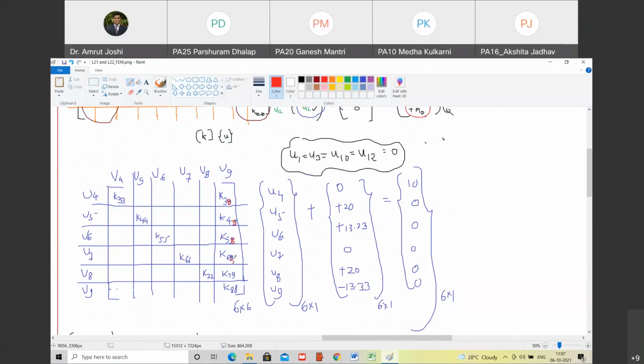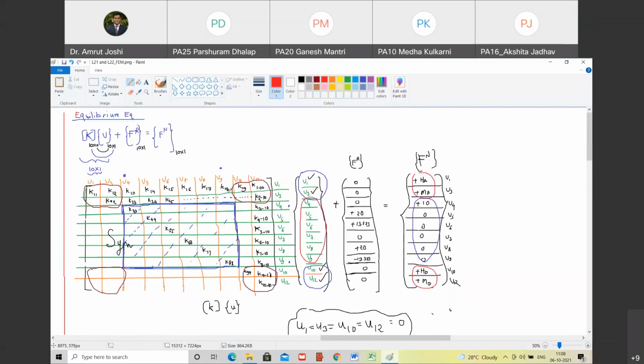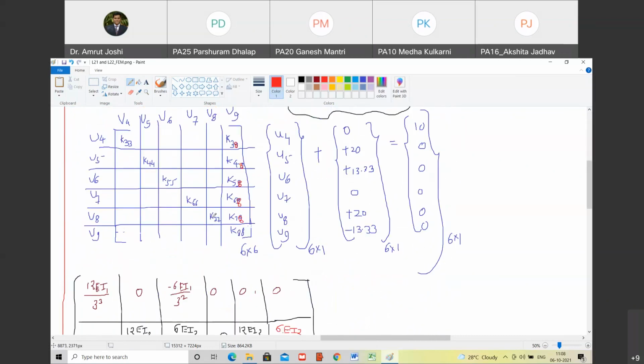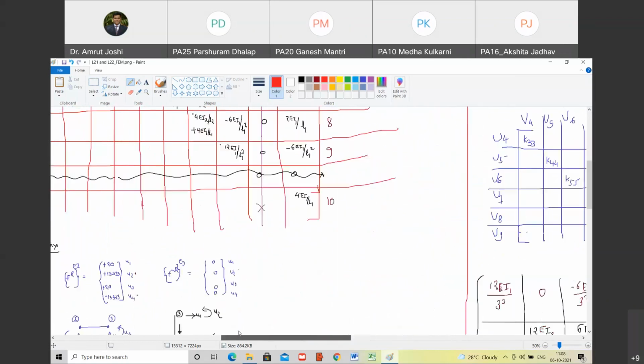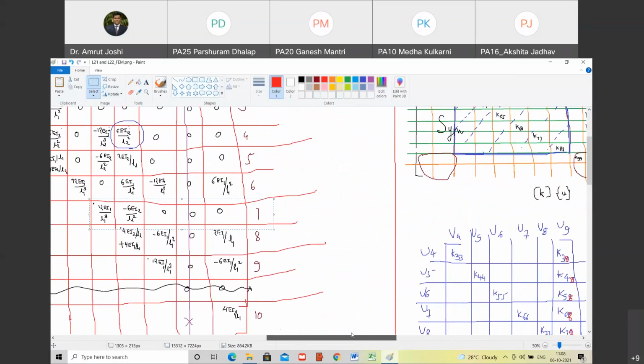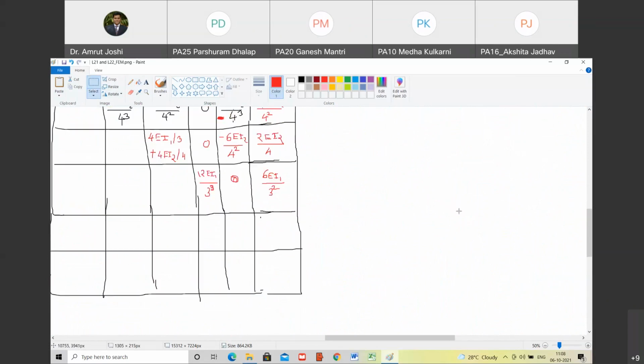K8, that's fine. The U9 corresponding elements are K8. That's correct. Now K77, so the 7th row. So I'm going to take this one now. Patience, but finally you will get rewarded because you will understand the process.